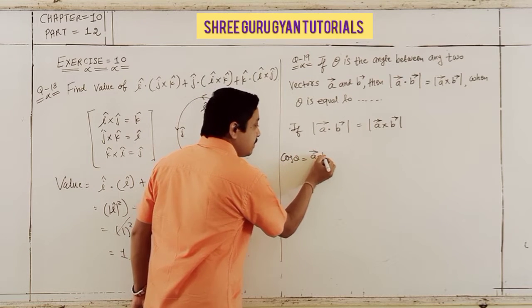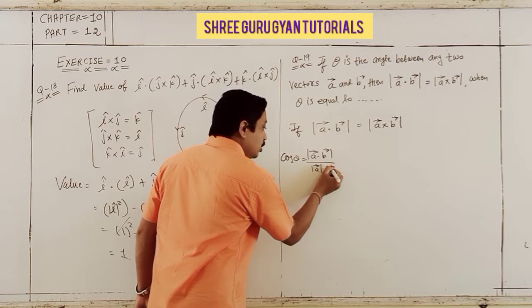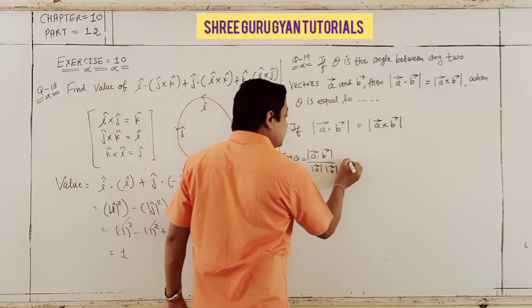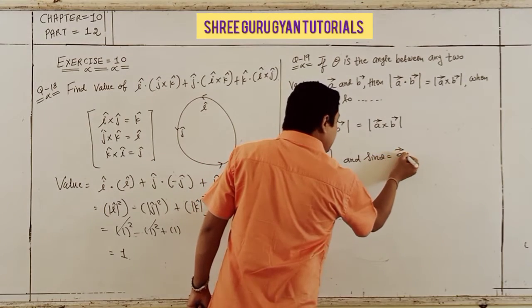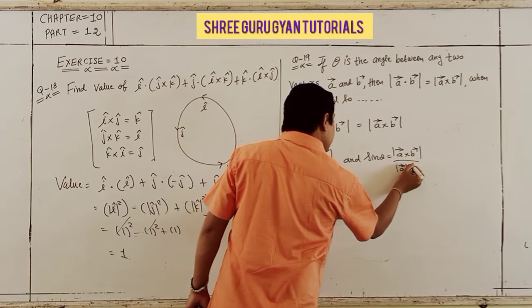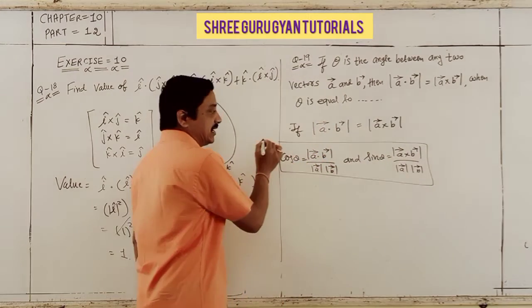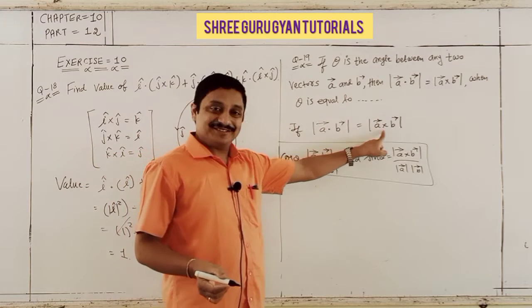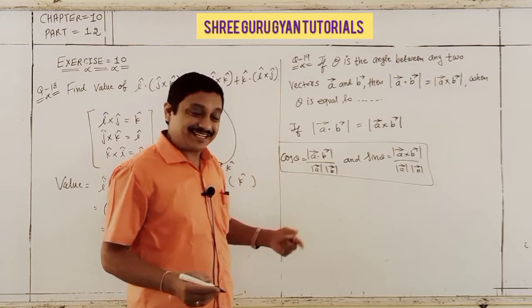A dot B by modulus A modulus B, and students, that is also known: sin theta is A cross B by magnitude A magnitude B. I will use both values here. So what is A dot B? It is modulus A modulus B cos theta.